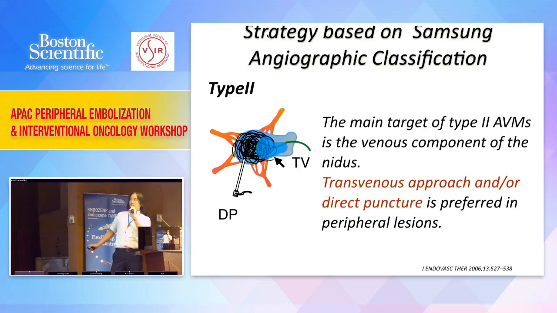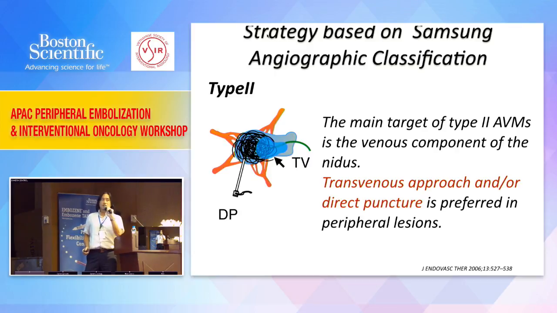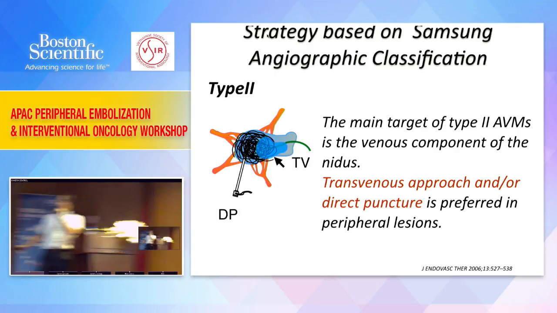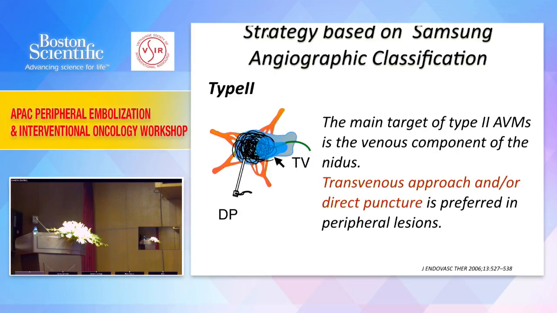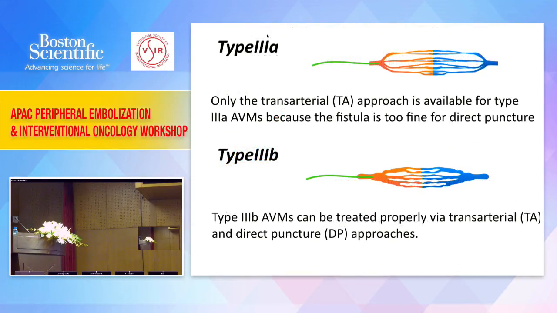And sometimes we put in coils and we get stagnation of the flow. Then we use alcohol or glue to eradicate the nidus. In type 3A, only the transarterial approach is available for this type of AVM, because the fistula is too fine for direct puncture.